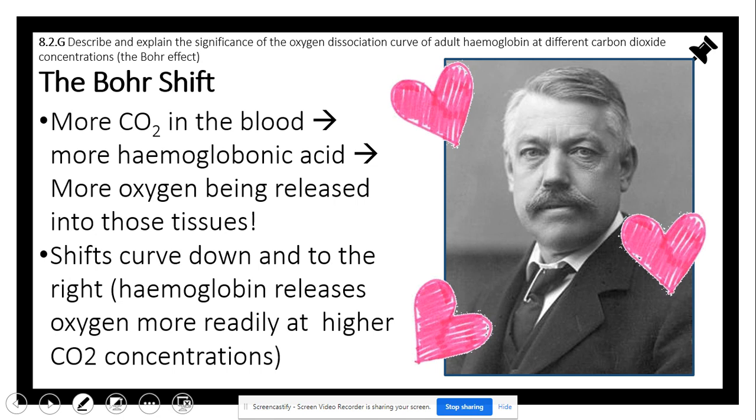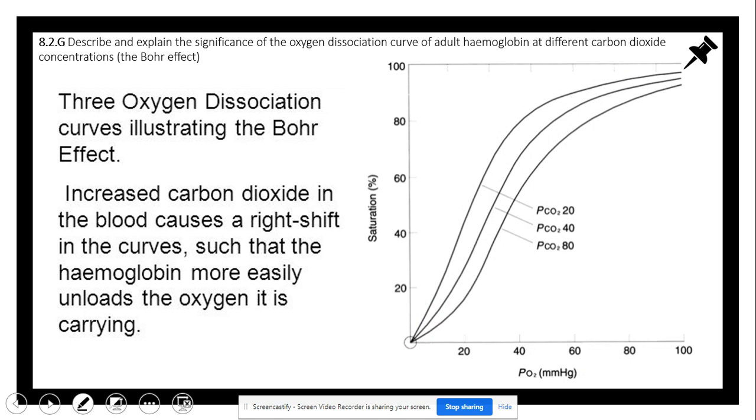So if we're applying this to our curve, it's going to shift the curve down and to the right because hemoglobin releases oxygen more readily. So that's what this curve looks like. So say at 40, where you've got like 22, whatever, 22% saturation at 20 partial pressure of oxygen.